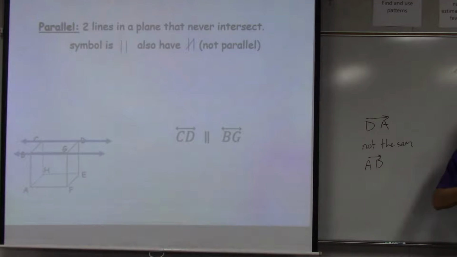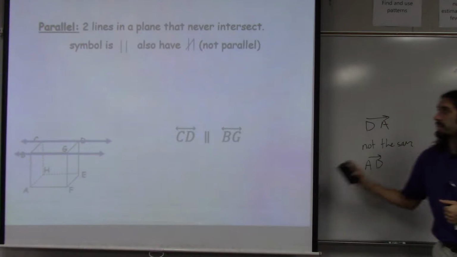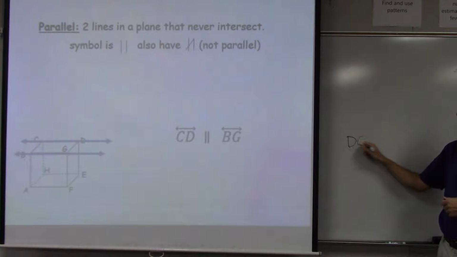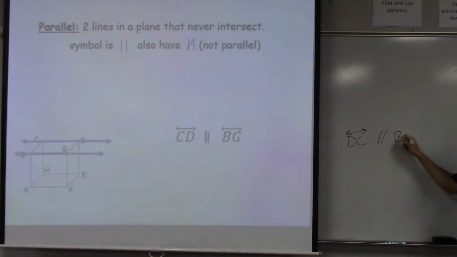But our lines go in both directions. So since they don't have an endpoint, it really doesn't matter. So that statement right there, CD is parallel to BG, I could say that by saying DC. Line DC is parallel to line BG. And that would be saying the exact same thing.